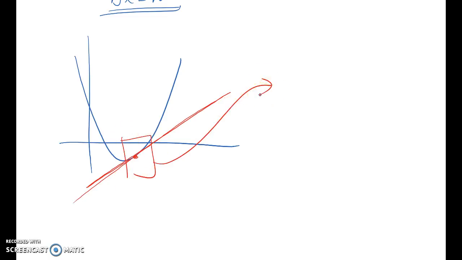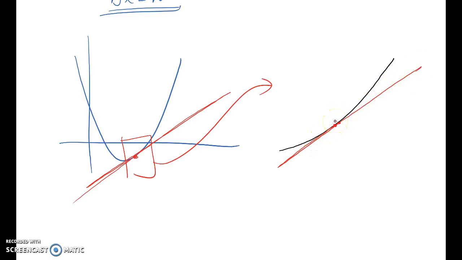Zoom in on this part. Then we may have something like this, and then the 1 point. So why don't we think about a point very close to it, like this.